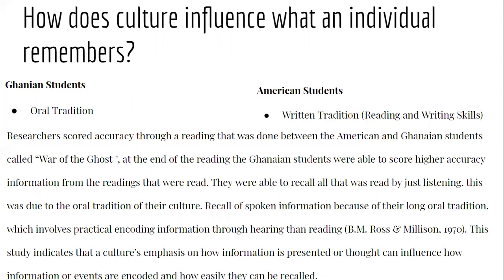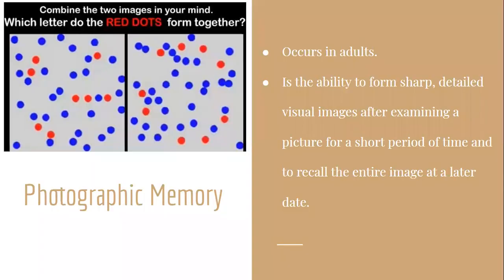Now we have photographic memory, eidetic memory, and flashbulb memory. What are the differences between these three? Photographic memory is defined as the ability to form sharp, detailed visual images after examining a picture or page for a short period of time, and to recall the entire image at a later date.